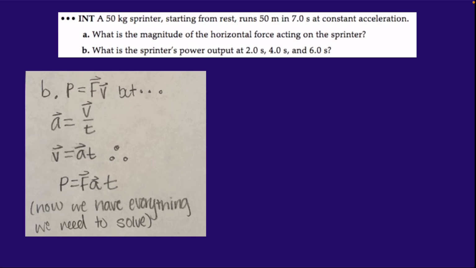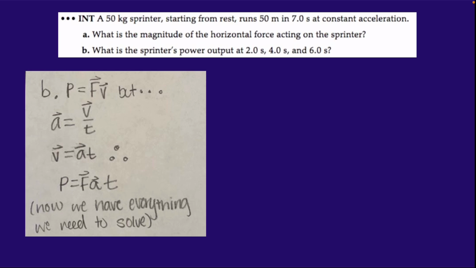But for power, we were given this unit that power also equals force times velocity. Although I didn't show it here, that is true, and you can see it really clearly by looking at how the units work out to equaling watts. I use this equation due to the fact that we are given the time aspect, and we also already know the acceleration.